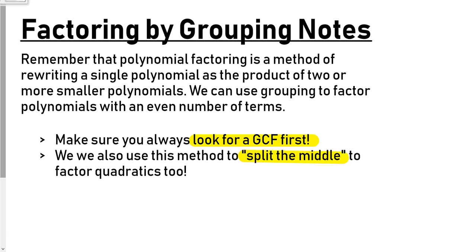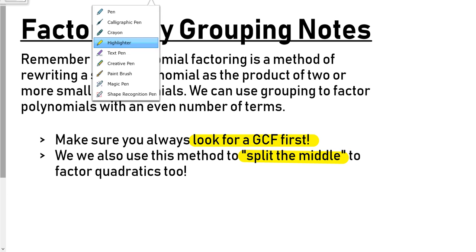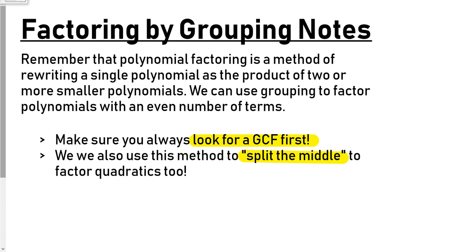That's not an official mathematical term, but it's a whole lot easier for you to remember split the middle, since what you're going to do is in its name, than factoring by grouping, which you associate with cubics. But we're going to take a look at how to use this method to factor polynomials.